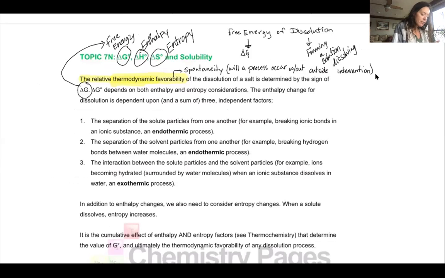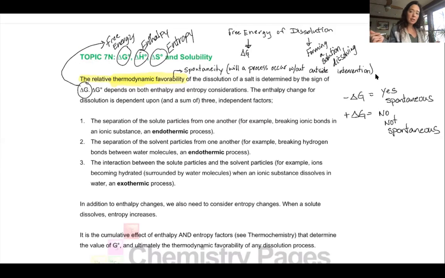If delta G turns out to be negative, then yes, it is spontaneous. If delta G turns out to be positive, then no, it is not spontaneous. But it would be in the opposite direction.